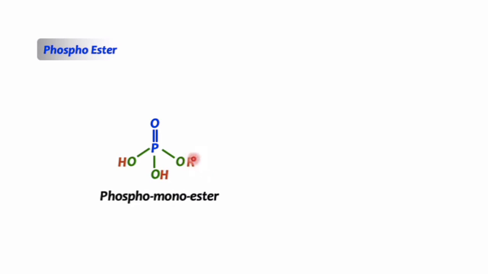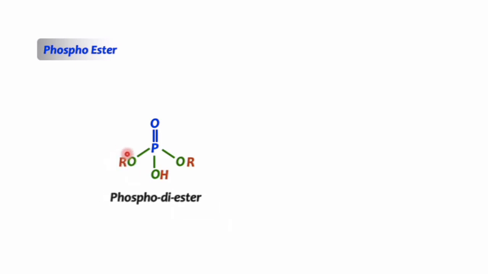Next, the third one is a phosphoester which is present in the nucleic acids. If you observe, this is phosphoric acid. If the phosphoric acid is made into an ester form, suppose one H has been replaced with R, then this would become a phosphomonoester.